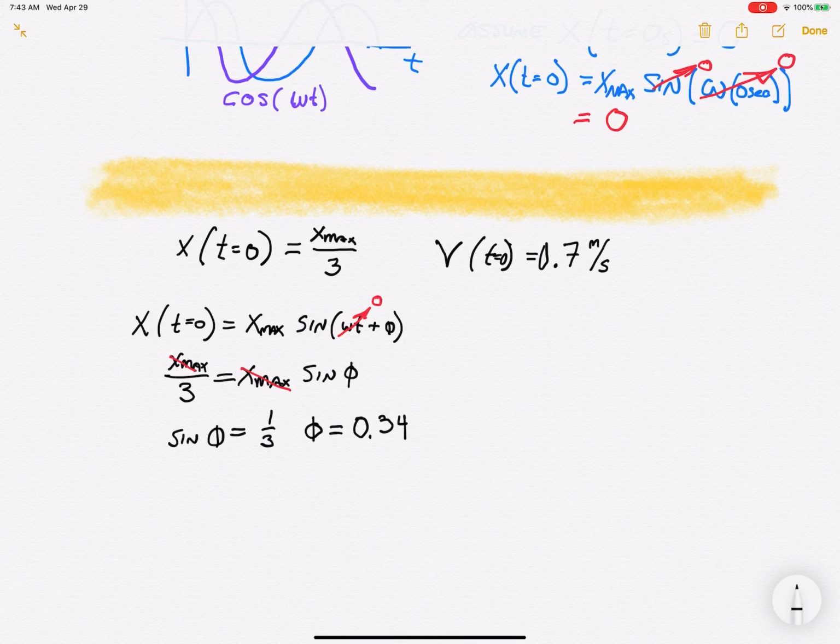We're not done yet because we don't know what x max is equal to. That's our other parameter, and we can get that from the velocity, because the velocity function is x max omega cosine of omega t plus phi.